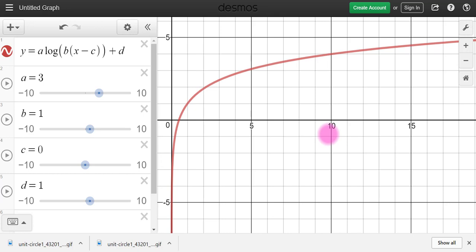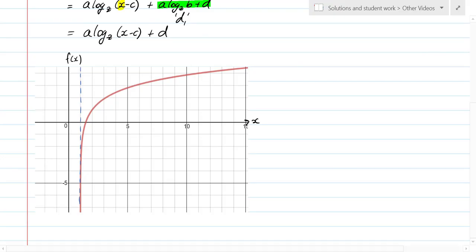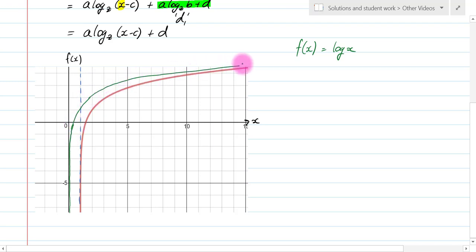So when there's no C value, for our standard log function, which I'll draw here in green as f of x equals log of x, it will come up right next to that x-axis here, do a very similar thing to this one and shoot along like that.